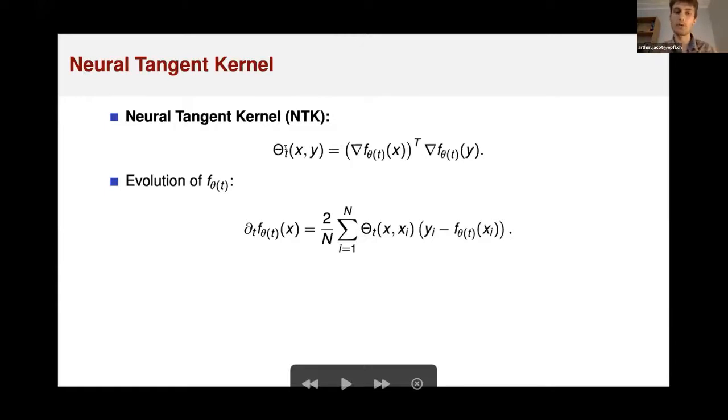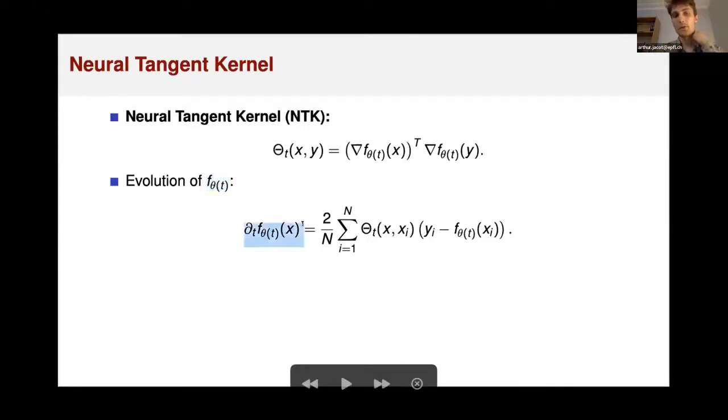You take two inputs that live in the input space, and you compute just the scalar product of the gradient of the output of the network at x and y with respect to the parameters. And this neural tangent kernel plays an important role if you want to describe the evolution of the network function f theta in time.